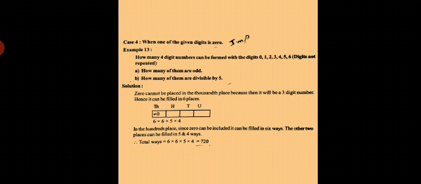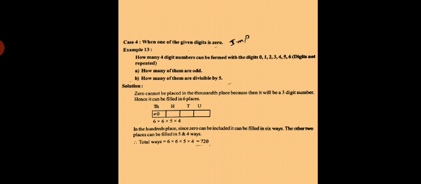Then in the hundreds place, including 0, again 6 ways. Then 1 less from 6 is 5, and 1 less from 5 is 4.